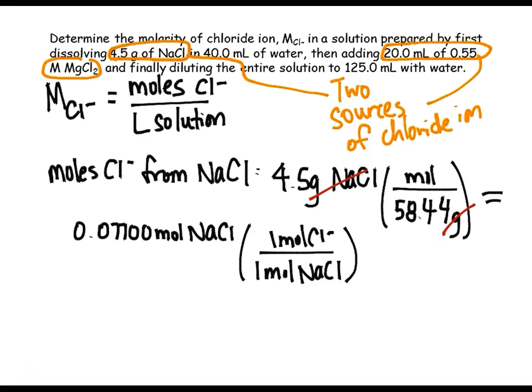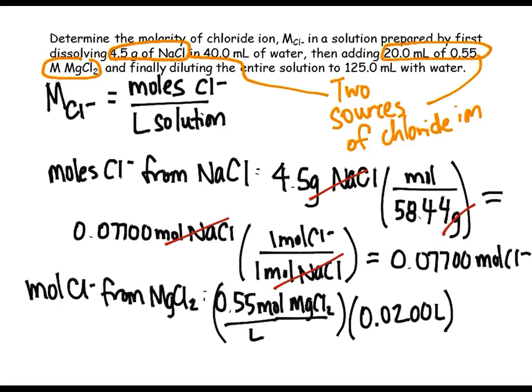Dimensional analysis, the grams of sodium chloride cancels with grams on the bottom, and you're left with moles of sodium chloride. Now the second step, I'm converting moles of sodium chloride into moles of chloride, which you may be able to see very obviously as a 1-to-1 stoichiometry. So we end up with 0.07700 moles of chloride. That's from the first source.